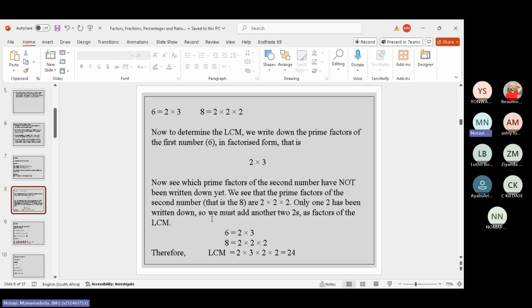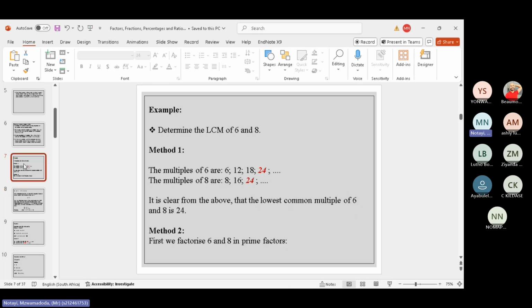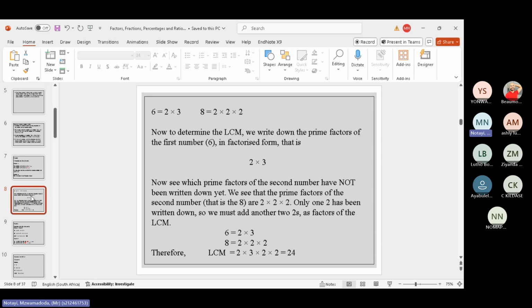which is the same as the one we got in the first method. So in the first method, we said 6, 12, 18, 24, and we said 8, 16, 24. So we got the LCM as 24. The second method, you just list the prime factors of both numbers.